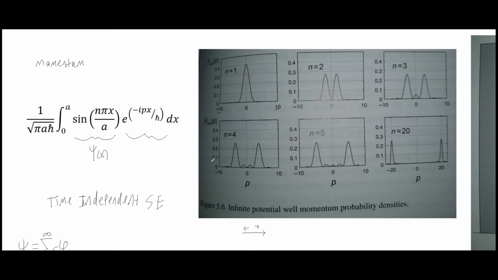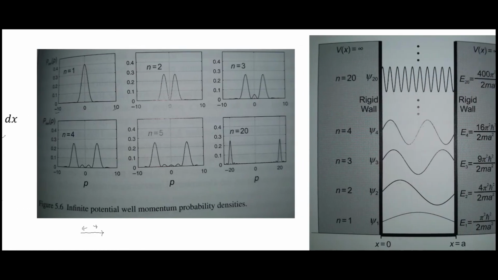In the next couple of videos, I'm going to talk about the finite well. The main difference, I'll just give a little spoiler here: if we have the infinite rectangular well, then we know that our wave function has to be 0 at both edges.